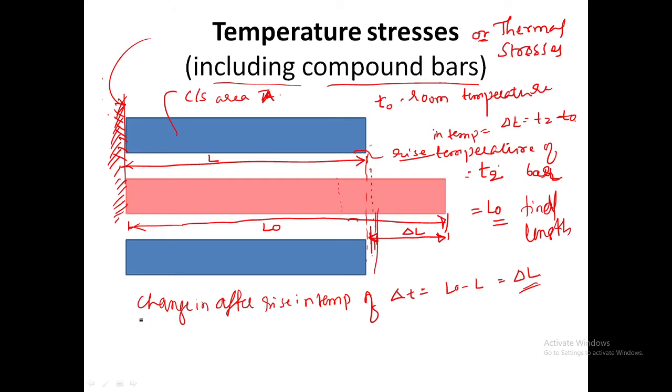Okay. So now, if it is raised by temperature delta T, the change in temperature is delta T. Now the change in length is delta L. Sorry, I have written it wrong here: change in length after rise in temperature, delta L equal to L0 minus L. Now what is the rise in temperature here?